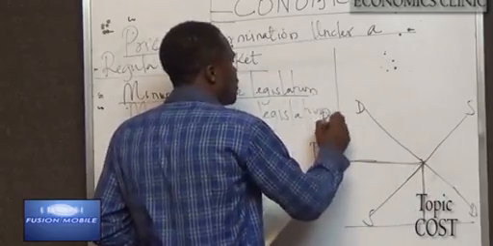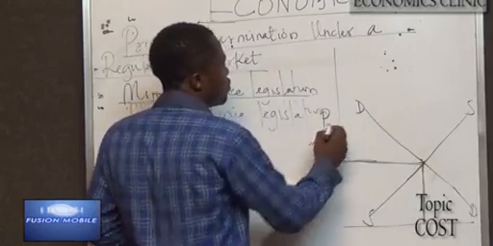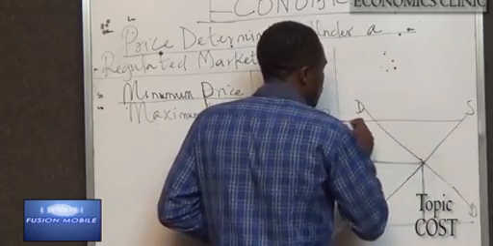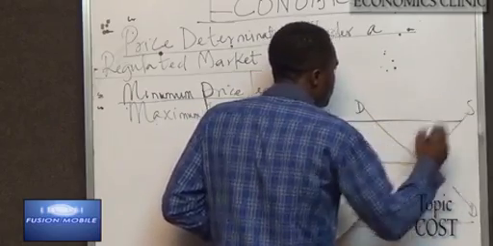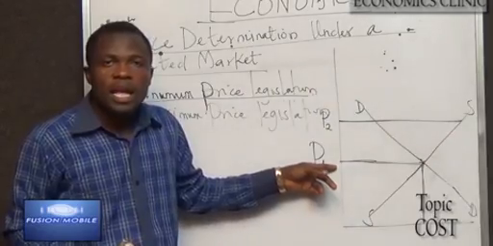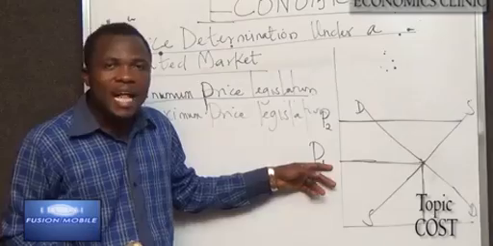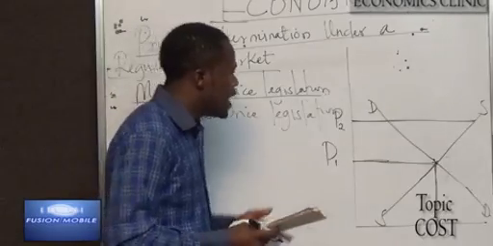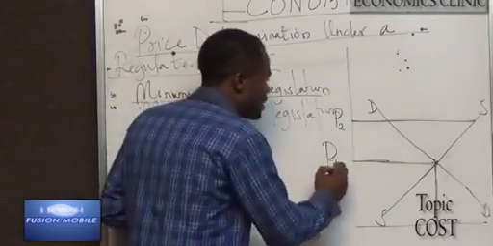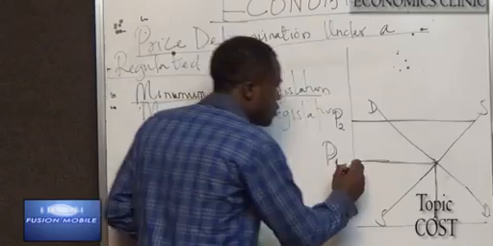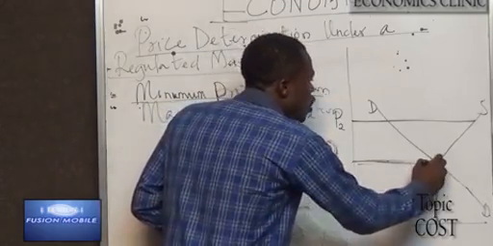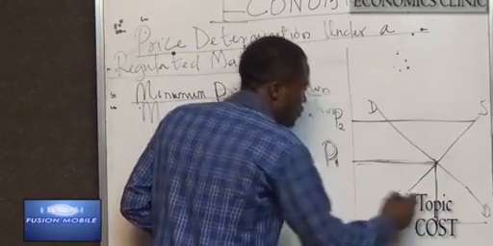Now we have price 2, which is drawn this way across these two lines. Any attempt to sell below this price is not noticeable. Now, if price is fixed at P1, there is no noticeable effect.